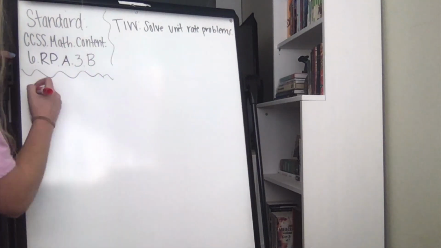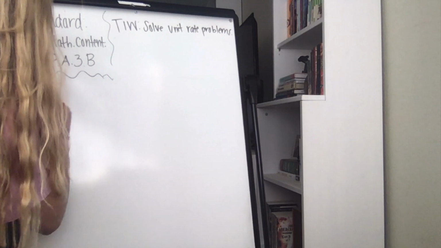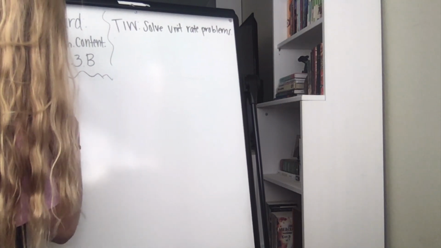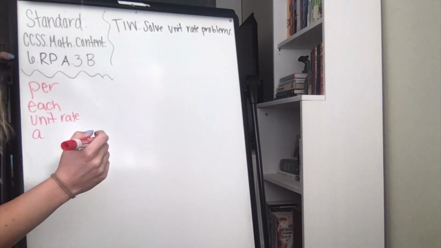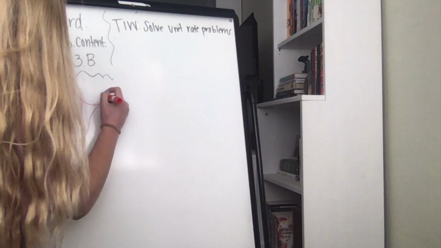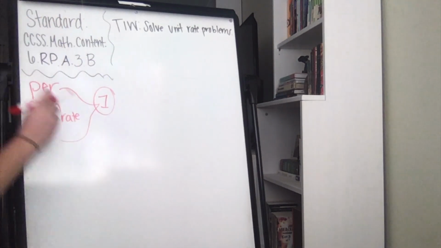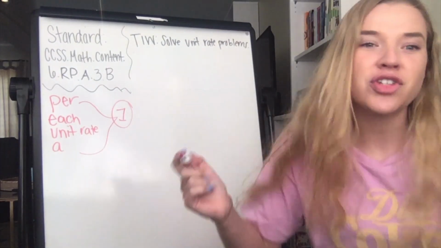If you see any of these words: per, specifically per, each, unit rate, a, for, basically those are the ones. These all represent 1.